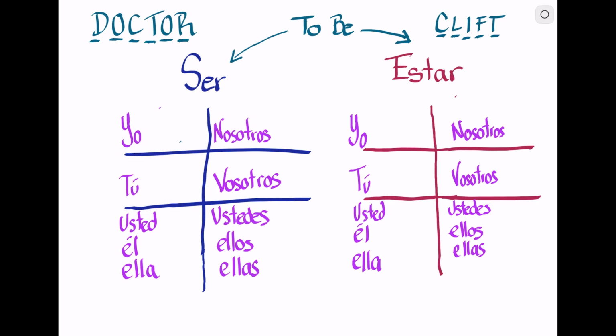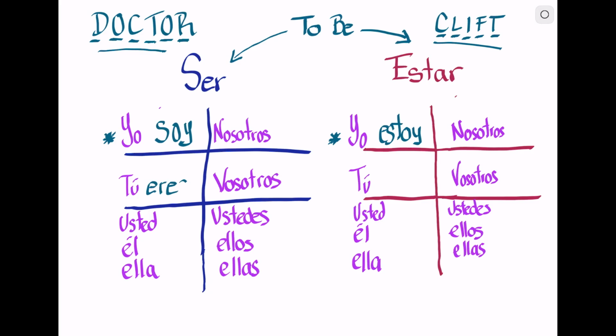Okay, so when you're talking about yo, that is I, in Spanish you have two choices to say I am: yo soy or yo estoy. For tú, you informal, you also have two choices. For yo, remember, it depends if you're talking about a doctor or clift, that's what you will decide if it's soy or estoy.